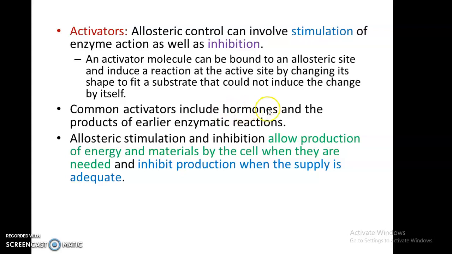Common activators include hormones and the products of earlier enzymatic reactions. This is the opposite of negative feedback. Allosteric stimulation and inhibition allow production of energy and materials by the cell when they are needed, that is stimulation, and inhibit production when the supply is adequate, that is inhibition.